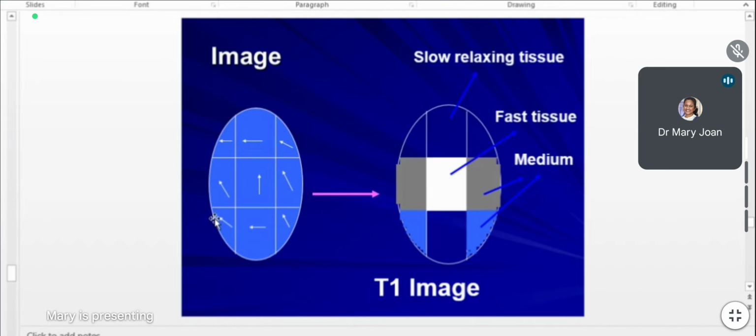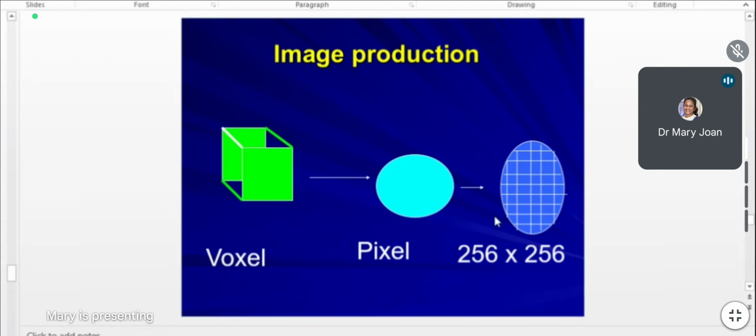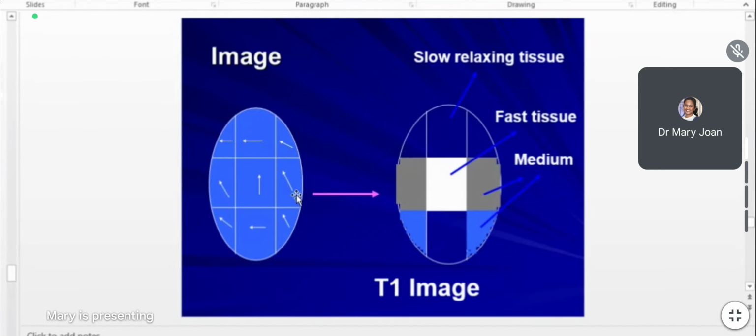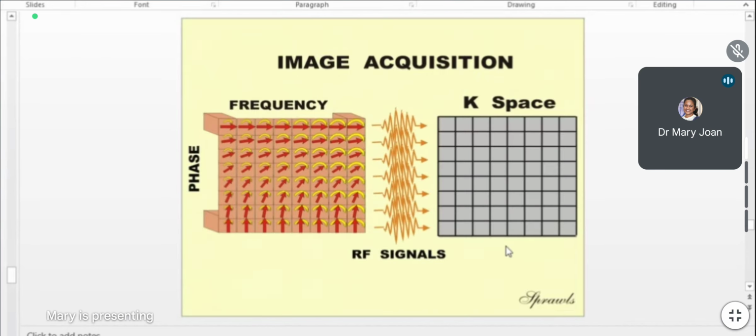That information, with respect to each nuclei, is stored in the pixel displays. Slow relaxing tissue will be darker, fast tissues will be whiter, and medium tissues will be gray or a lighter color. So this is how we get the T1 image.